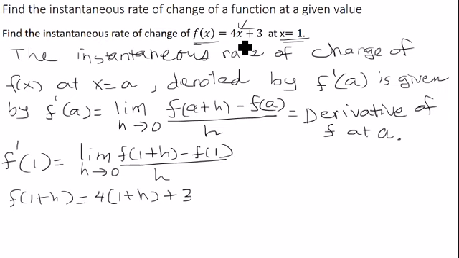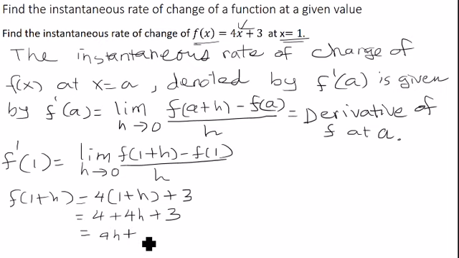Okay, we can simplify this, so that's going to be 4 plus 4h plus 3. If I multiply 4 inside, that's going to give us 4h plus 4 plus 3 is a 7, so 4h plus 7. That's f of 1 plus h.